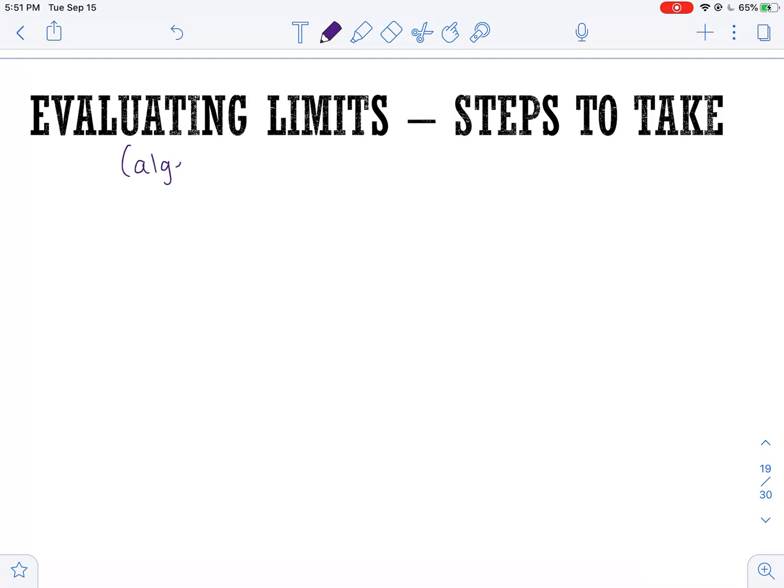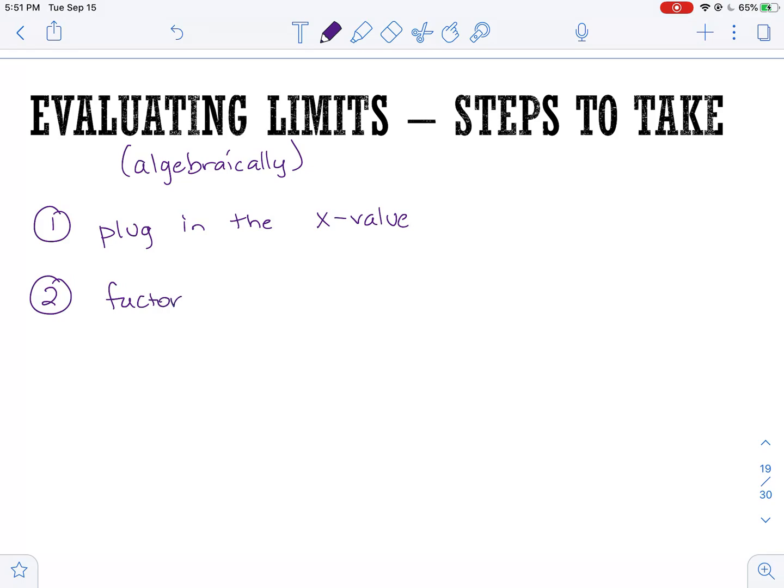All right, so evaluating limits algebraically, steps that you can take. Step 1 is you're going to plug in the x value and see if it works. If you get a value that works and it's not undefined or indeterminate, you're good to go. If that didn't work, then step 2, you're going to try and factor and cancel if possible.